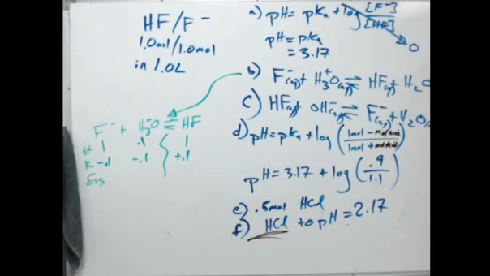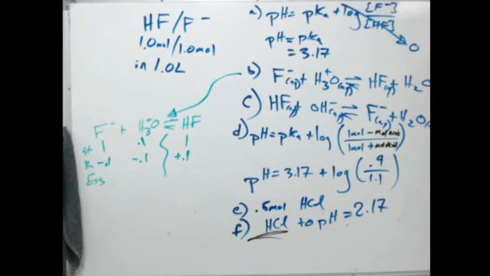And the only difference between doing this and what you do in the buffers lab is you have to take into account the fact that you've got molarity and volume rather than just moles. But other than that, it's the exact same thing you're doing in your buffers lab this week. So how would you do that for your moles of acid on the calculator?